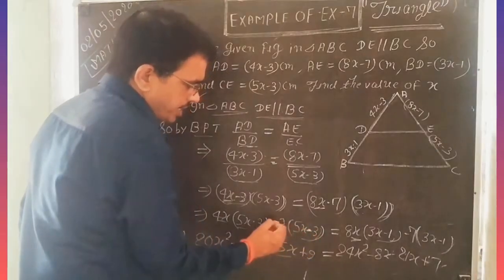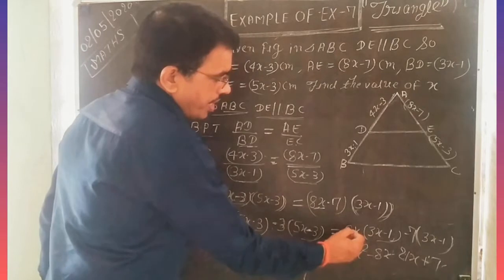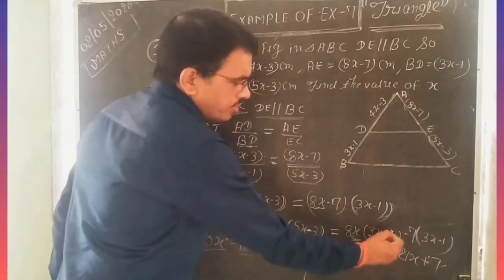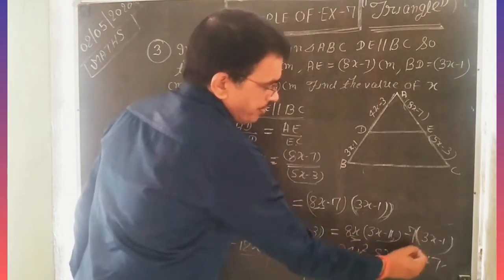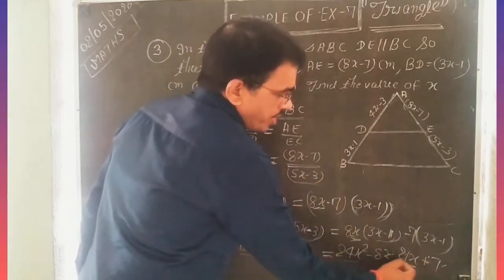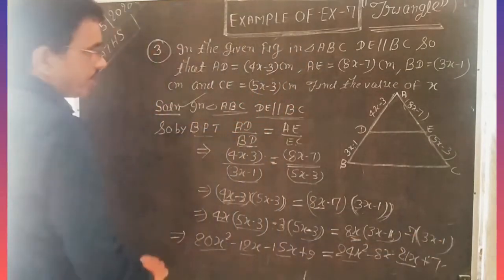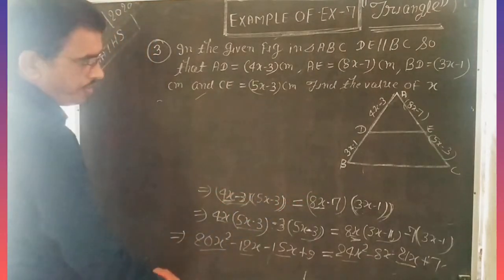Here is minus and there is also minus, that is plus 9, is equal to 8x into 3x, 24x square, 8x into minus 1 that is minus 8x, minus 7 into 3x that is minus 21x, and minus 7 into minus 1 that is plus 7. So now solve and factorize. What do you get here?